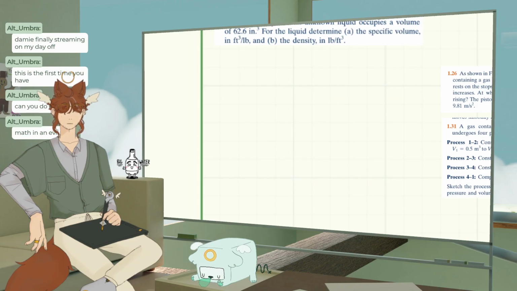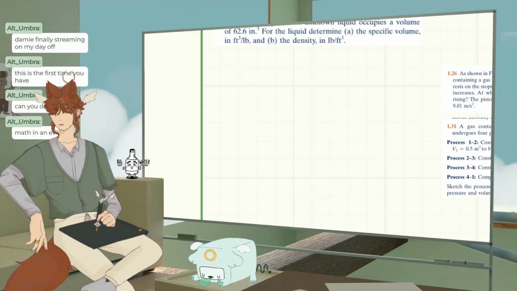Specific volume is defined as the reciprocal of... Wait, what? Thermal equilibrium. Wait, this is not it. Did I really just zone out so hard skimming this? Damn, I mean, okay. It's kind of hard to read. Primary dimensions, secondary dimensions, yeah.